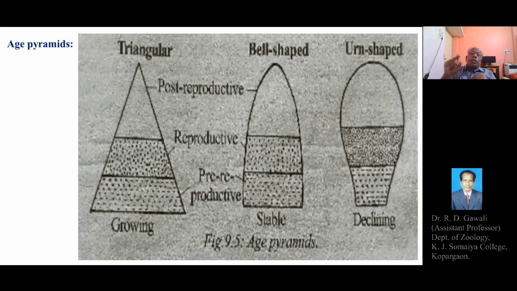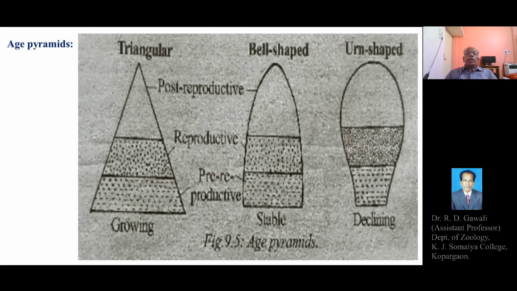The number of individuals in each of the age groups, that is pre-reproductive, reproductive and post-reproductive, are equal, indicating that the population is stable, and the shape of the age pyramid is bell shaped.